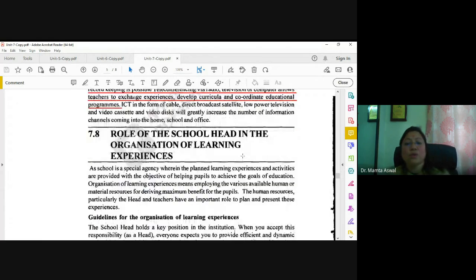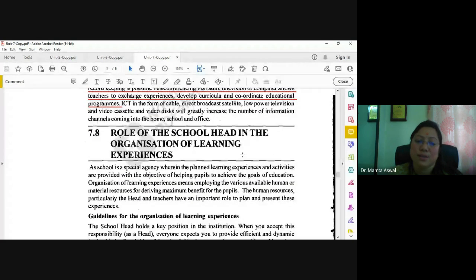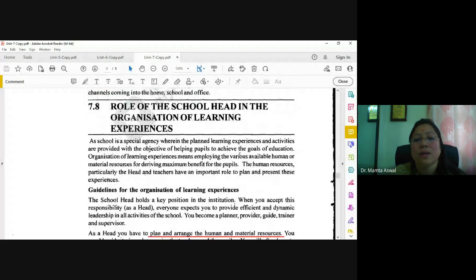Then the role of the school head in the organization of learning experiences. So the head is very important. As I told you, he is a key person in the organization. He has to take many decisions. He has many responsibilities. He has to take care of many things, many resources in the organization.